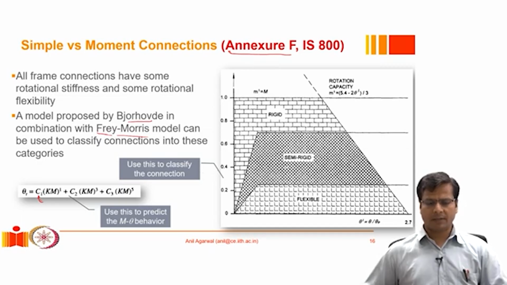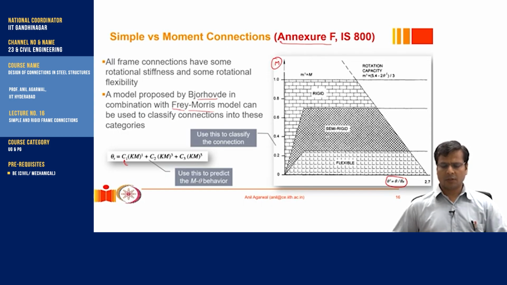Then subsequent to that, we can try to fit that curve, or we can try to map that curve onto this chart. So this chart basically gives broad guidelines of the stiffness ranges. This is again theta, a normalized theta value, and this is M, again a normalized moment value, normalized against the moment capacity of the beam.